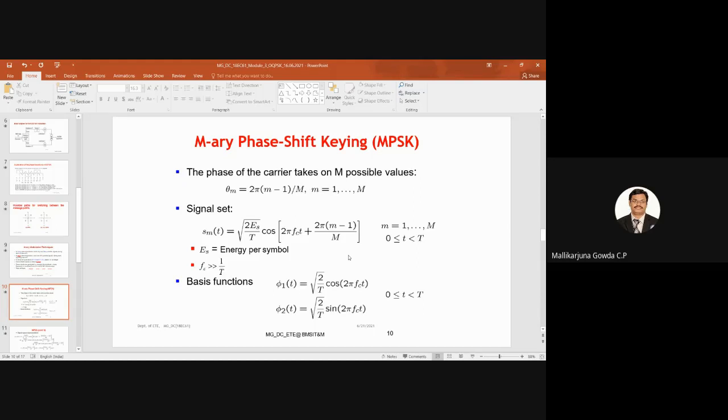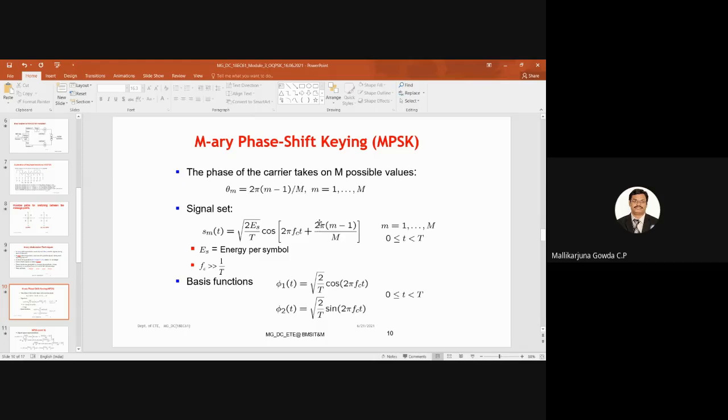Are you able to understand what I am saying? Since it is M-ary, it is expressed in a slightly different form, but you just substitute M as 4. Just think whether the expression I told for QPSK can be written in the same fashion or not.